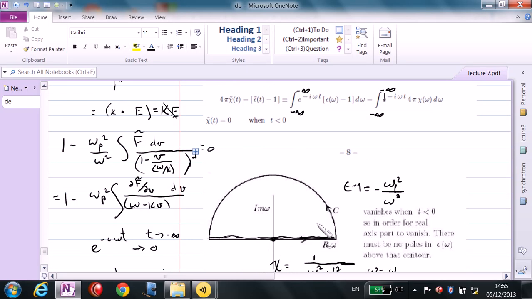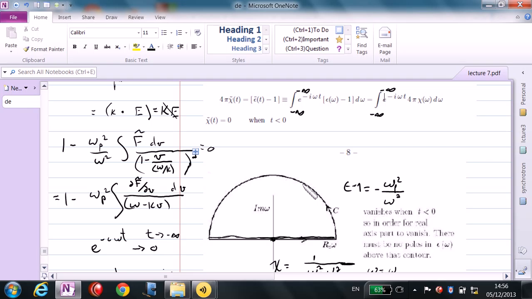Okay. What he said is important. Thank you. The key thing is that the integrand is falling faster than 1 over omega. So even if this length is proportional to omega, we know that as omega goes to infinity, the value of this integral is 0. Yes, because it's bounded by the modulus.